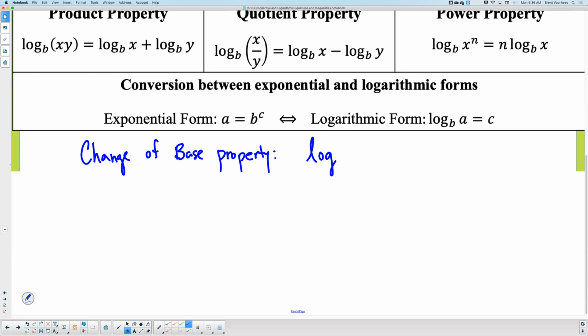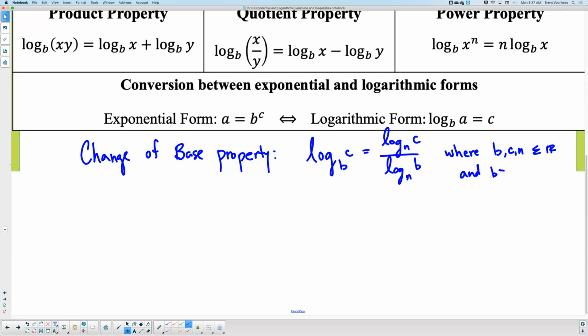If you have log base b of c, that is equivalent to log base n of c divided by log base n of b, where b, c, and n are real numbers, and your original base should not be negative, nor should it be 1.